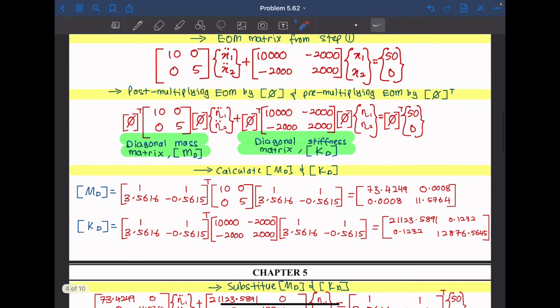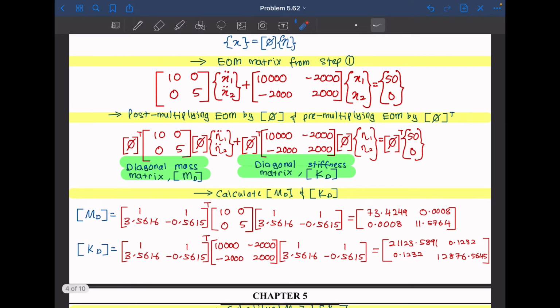Next, how are we going to calculate MD and also KD, the diagonal mass matrix and the diagonal stiffness matrix? Let's go for the diagonal mass matrix first. This is the transpose of the modal matrix times the mass matrix times the modal matrix.